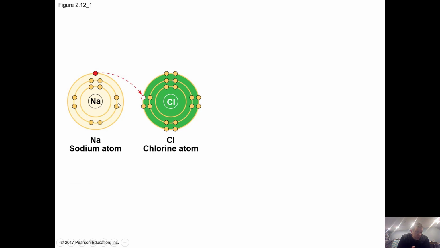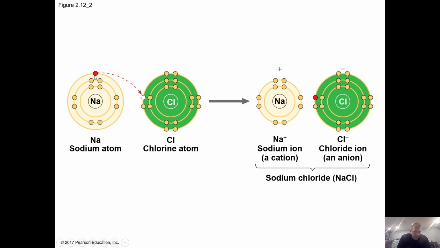The shell underneath it could be filled if we just get rid of that electron. Interestingly enough, chlorine has 7 electrons in its outer shell, and if we could just get one more electron, it would be filled. So they have a little arrangement here. Sodium dumps off its spare electron to chlorine.